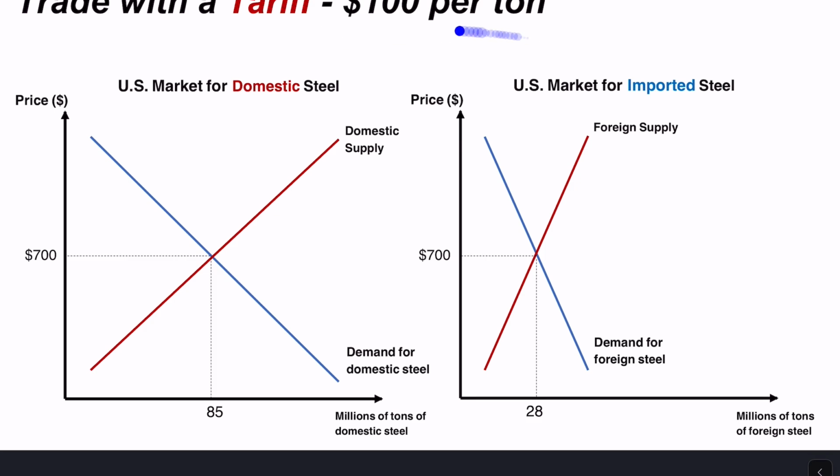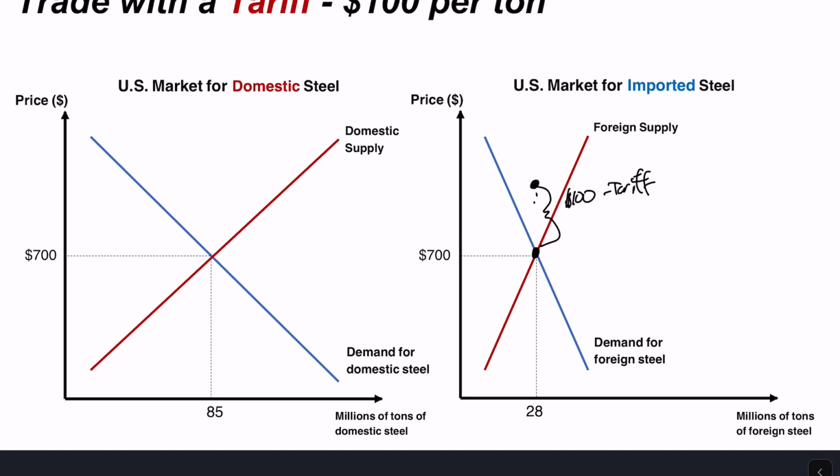So if our tariff is $100 per ton on foreign steel in this market, we need to shift up our supply curve here by $100. So let's say that's $100, and that's going to be the amount of the tariff. You can think of that as a tax.